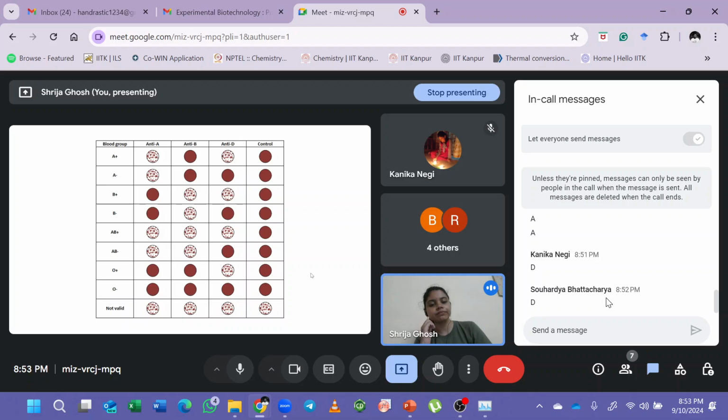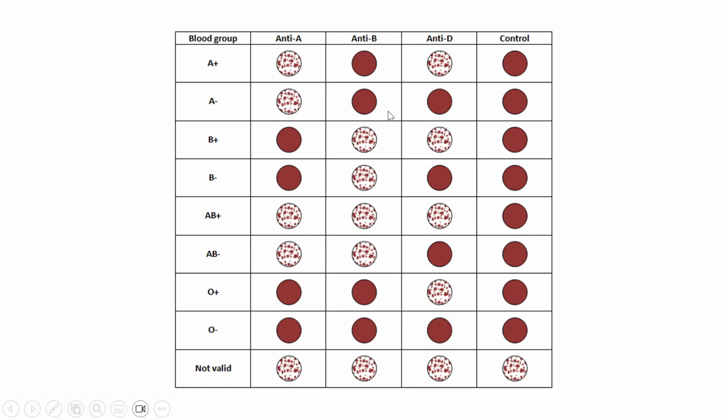So if addition of anti A gives agglutination and addition of anti D gives agglutination, what does it mean? That means in the blood antigen A is present and antigen D is present. That means it is an A positive blood group.